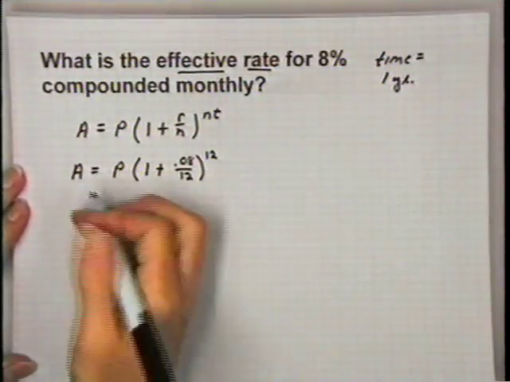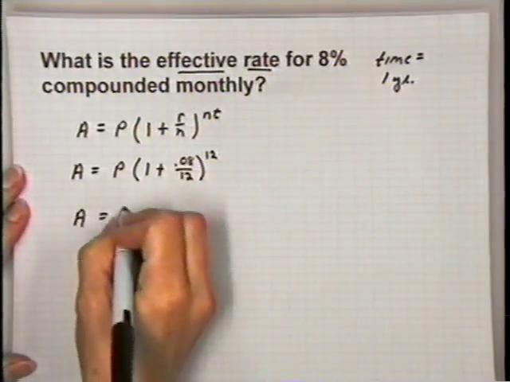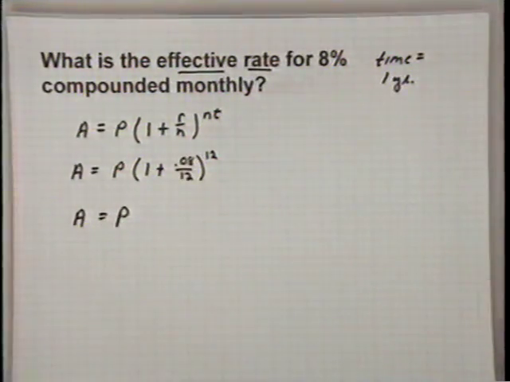Now, I still have these variables, but I want to show you something here. Let's go to our calculator and do 1 plus 0.08 divided by 12, and then we're going to raise that to the 12th power.